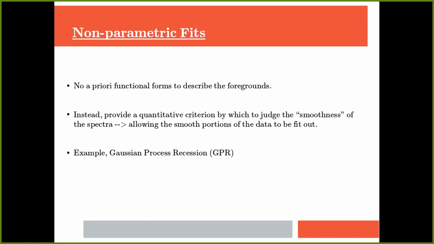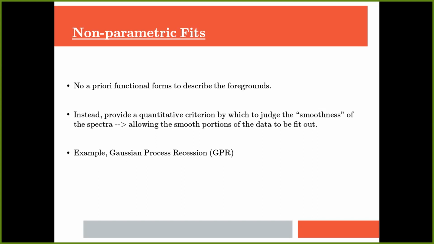Gaussian process regression is an example of a non-parametric fit, where they basically take the signal and foreground covariance and also the systematic parts, and they use the frequency covariance to model it using various kernels. Given those models of kernels, they then calculate the posterior of the new data given the actual data that we have.